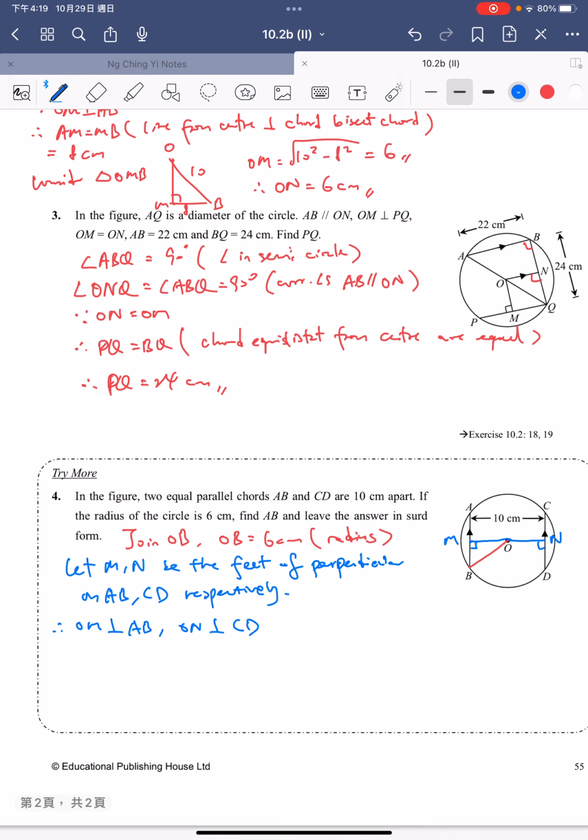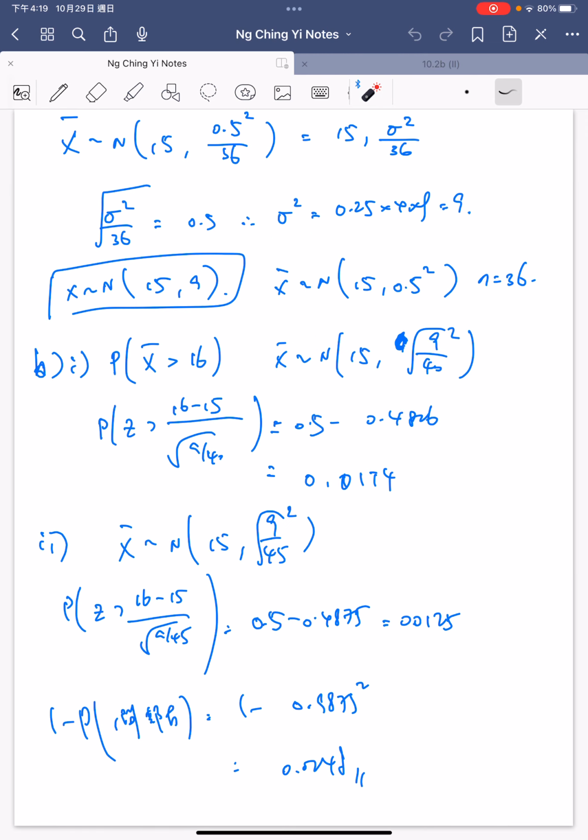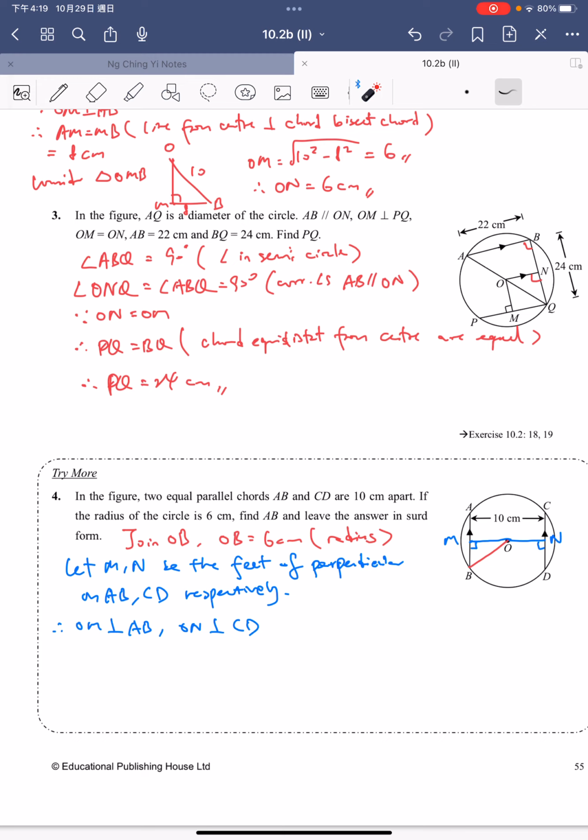As OM is perpendicular to AB, we can say that AM is equal to BM, by using the line from the center perpendicular to the chord bisects the chord.